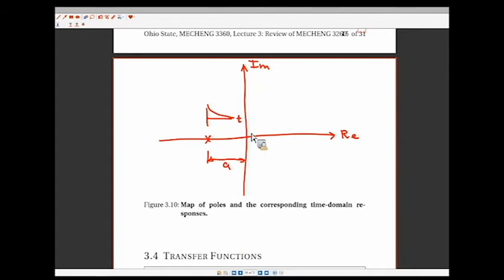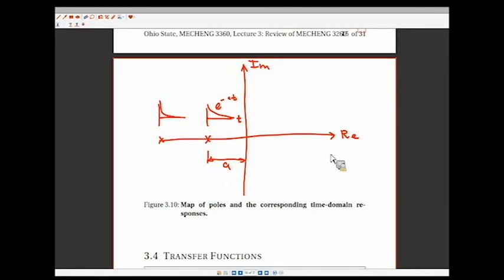If a gets larger, the solution here is e to the negative at. If the pole gets larger, so now I have some pole way out here, farther away from the imaginary axis, the solution converges faster, right?